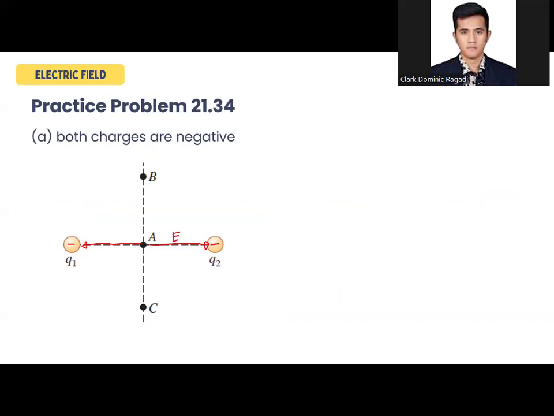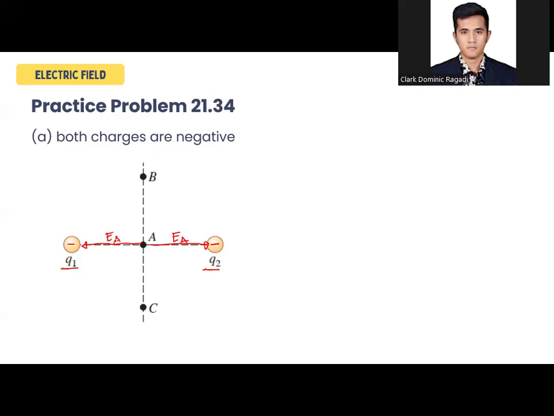So A. And since Q1 and Q2 are equal, as mentioned in the problem, we can say that the magnitude of the electric field at A due to Q2 is equivalent to the electric field due to Q1. Again, that's just the magnitude.